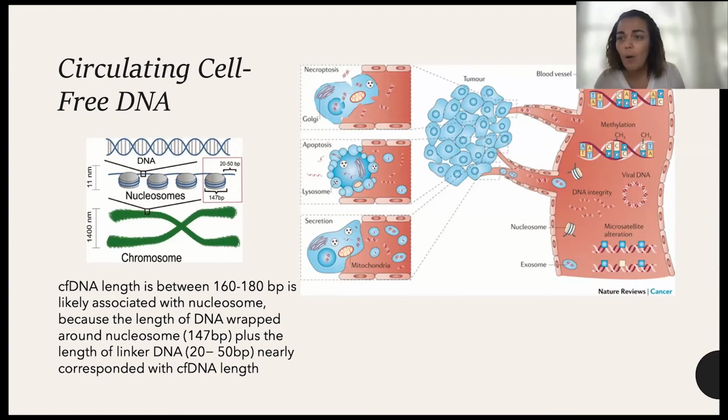So we talked a little bit about circulating tumor cells. Let me now talk about circulating DNA. So these are small fragments of DNA that circulate freely in peripheral blood of healthy people, but of diseased individuals also. So in the case of cancer patients, a fraction of these circulating cell-free DNA molecules basically correspond to circulating tumor DNA.